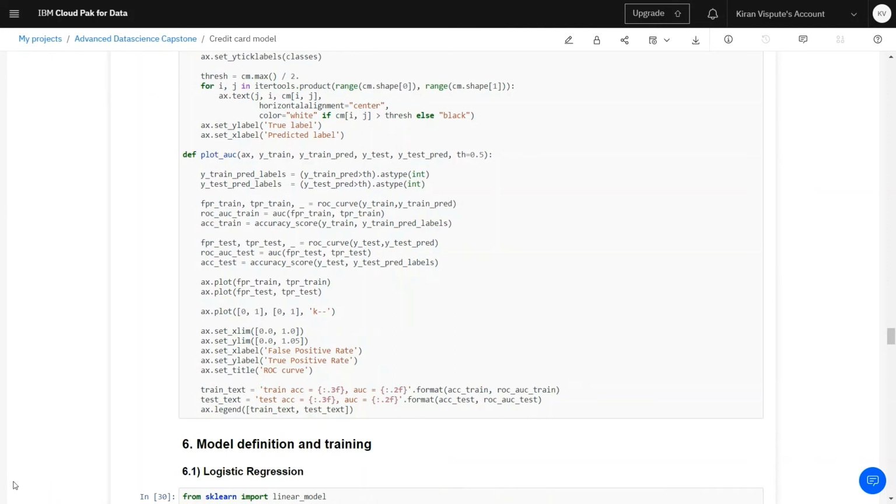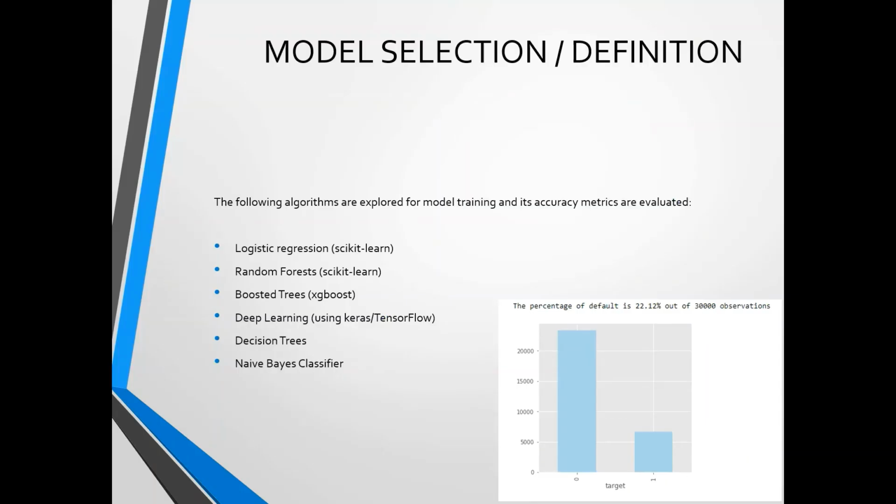Proceeding on to the model definition and training, we'll move ahead to the slide. So, model selection and definition. The following algorithms we have used for the model selection and definition, as this is a classification problem where, using the data, we identify if the credit customer has defaulted or not.